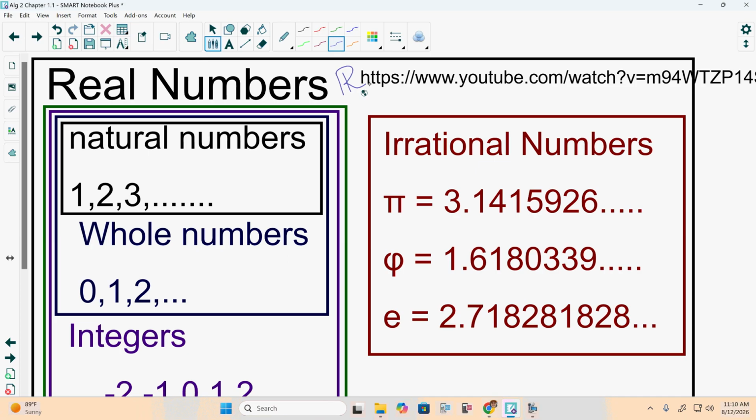That's why rational did not get the R. All of these are considered real numbers.